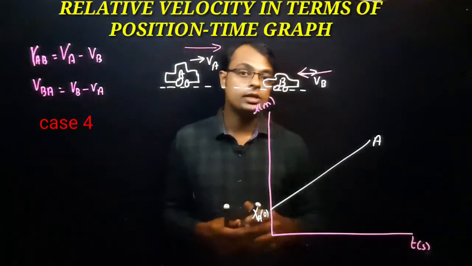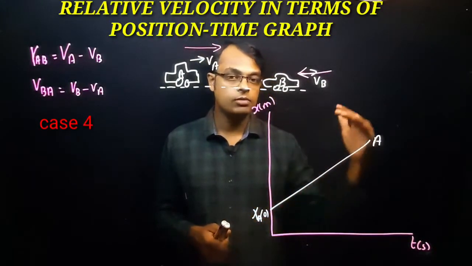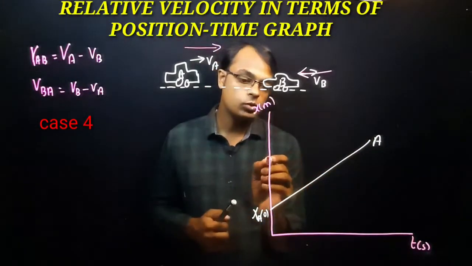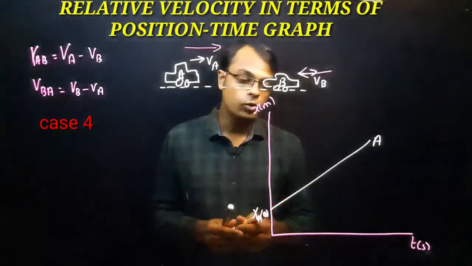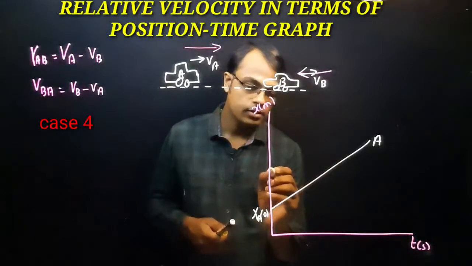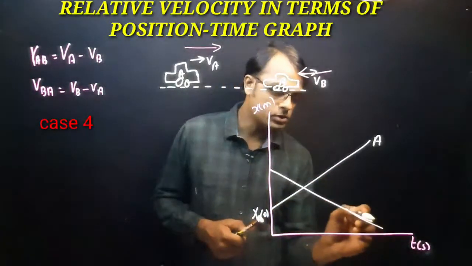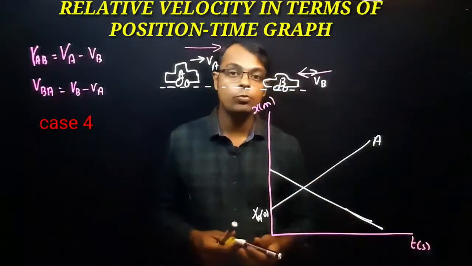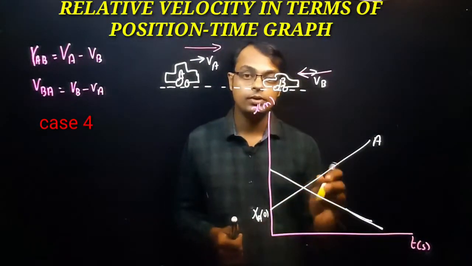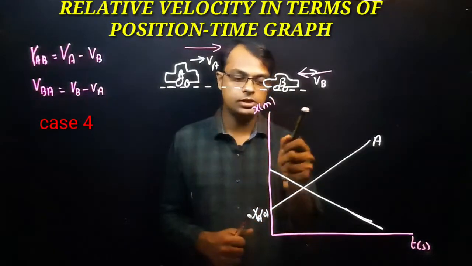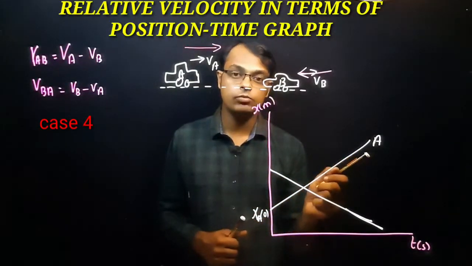Now what is the direction of car B? Car B's direction is towards the negative side, right? So we can draw the position-time graph for car B in the opposite direction. See this one. What is the slope here? The slope here becomes negative. What is the meaning here? One car is traveling in this direction and car B is traveling in what?